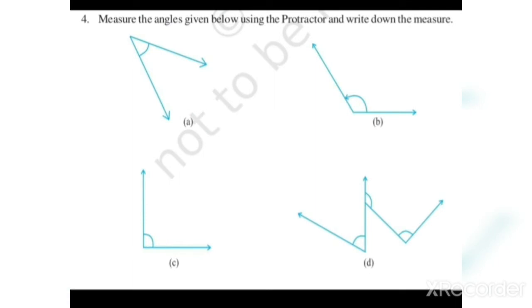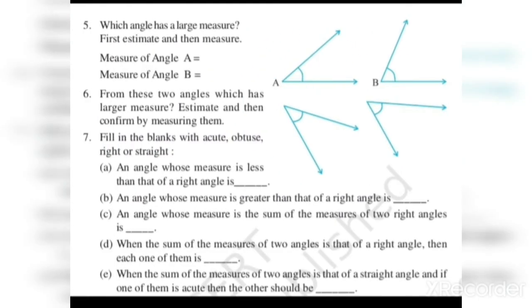Then in question 4, you have to measure the angle. Measure the angle given below using the protractor and write down the measures. I have already explained how to measure the angles using protractor. Watch that part again and measure the angles. Then question 5. Which angle has a large measure?